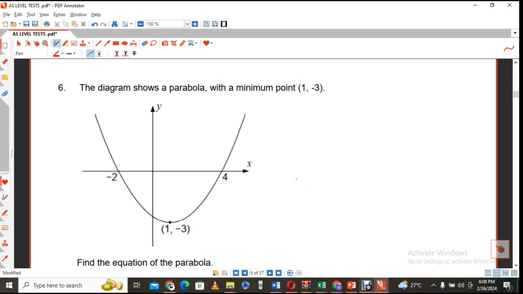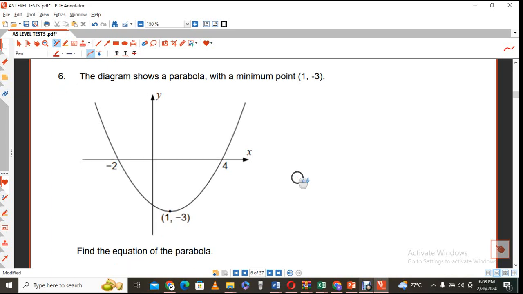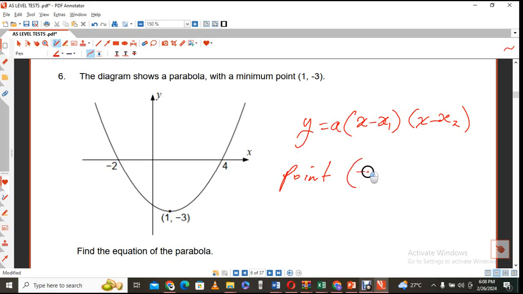Okay, question 6. Well, of course, this is also a question I have done in past question papers, although very important that you should know: find the equation of a parabola if you are given two intercepts as well as a point. Now that point is the turning point, but you don't have the y value, so we're going to use the formula y equals a times x minus x sub 1 times x minus x sub 2. Alright, so you also have the point, which is 1 comma negative 3.